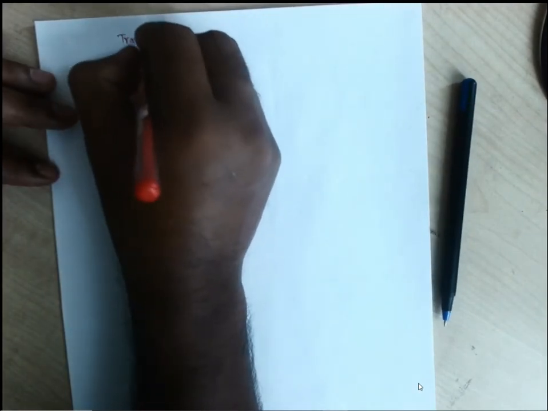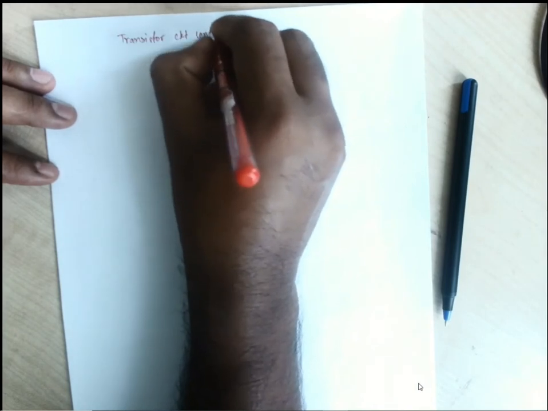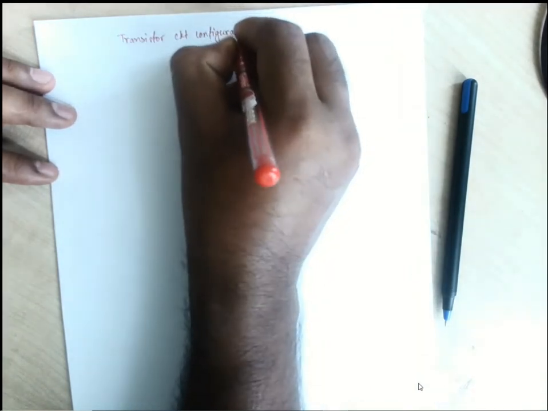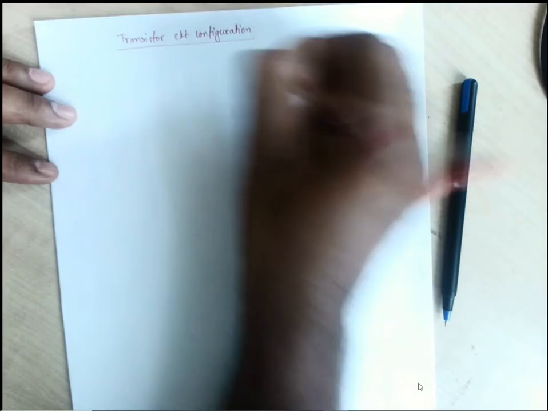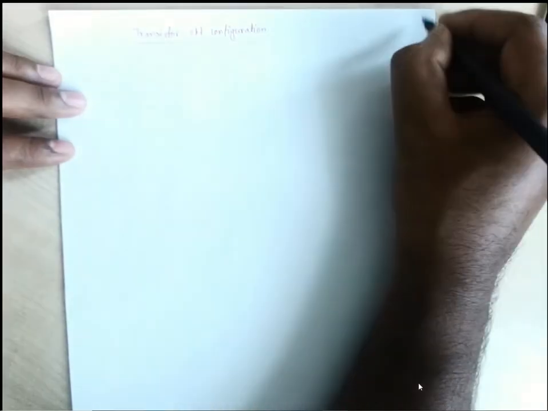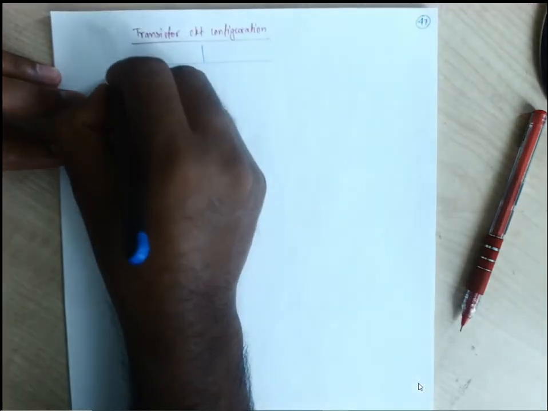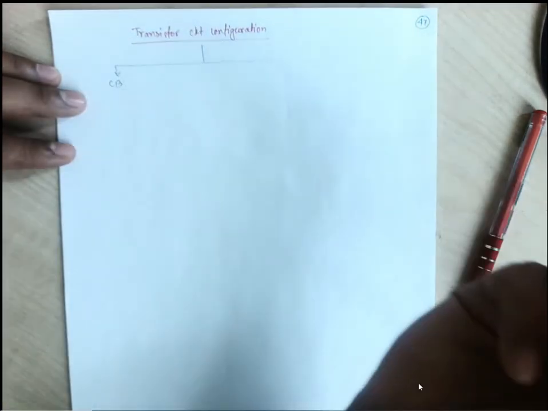Transistor circuit configuration. So there are three configurations. One is common base. So what does it mean?